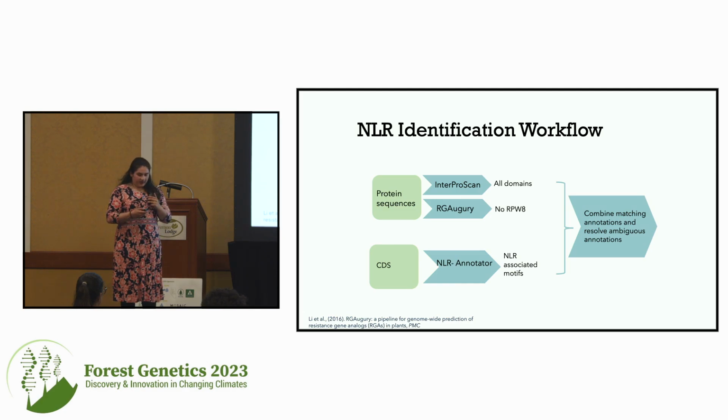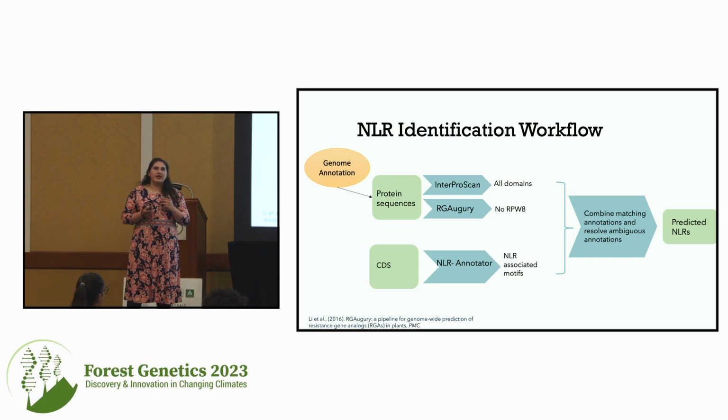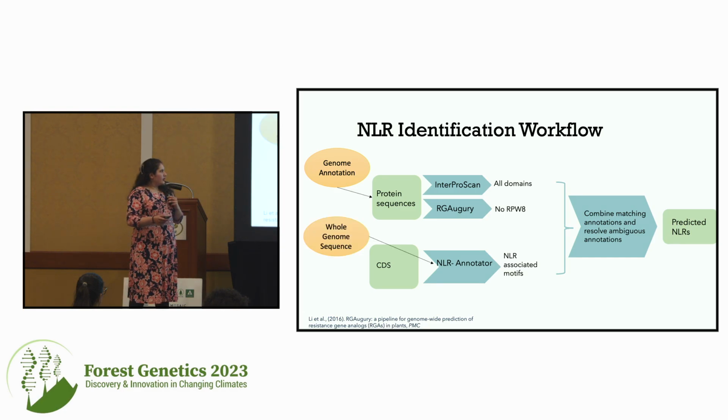After I've combined them all together, I get my predicted NLRs. What was different with white bark pine and sugar pine is that, with the genome annotation, I used the genome annotation instead of the transcriptome to provide the protein sequences. I also used the whole genome sequence, and used NLR-Annotator as it was intended, as a whole genome scanner to identify potential NLRs.